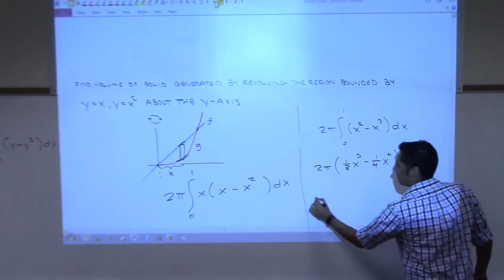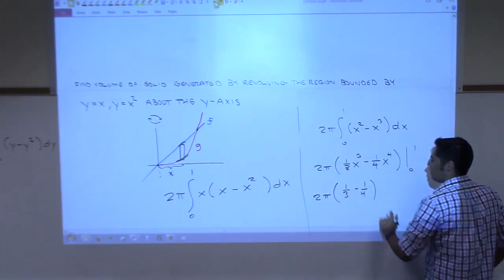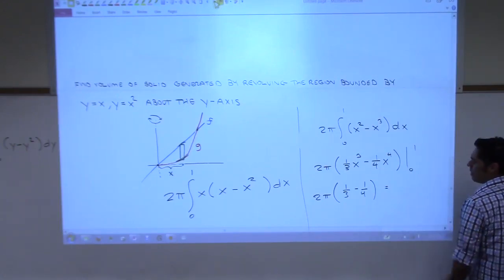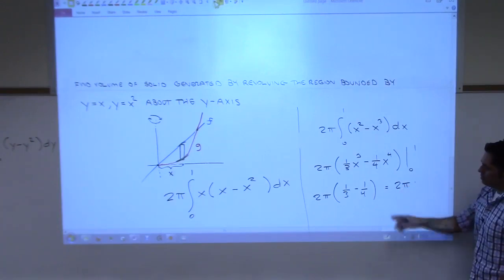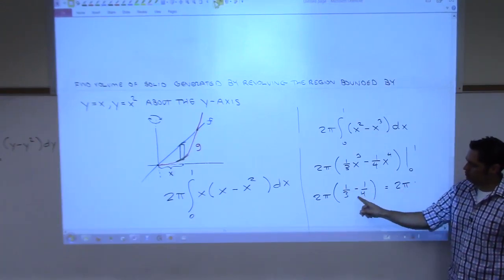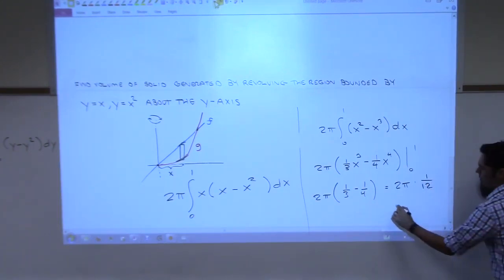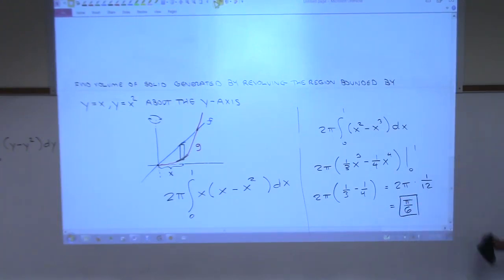Plug in 1, you get 1/3 minus 1/4. Plug in 0, everything's gone. So you get 2 pi times, this should be 1/12? So you get pi over 6. We get pi over 6.